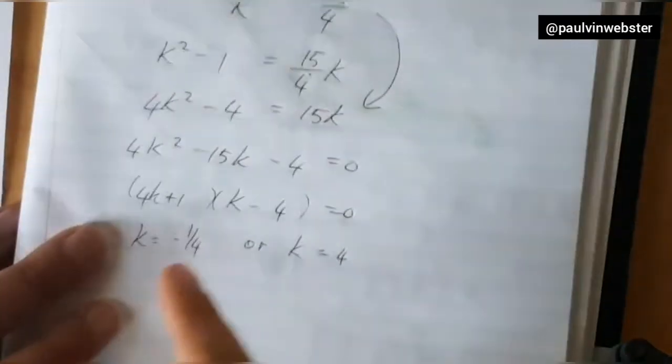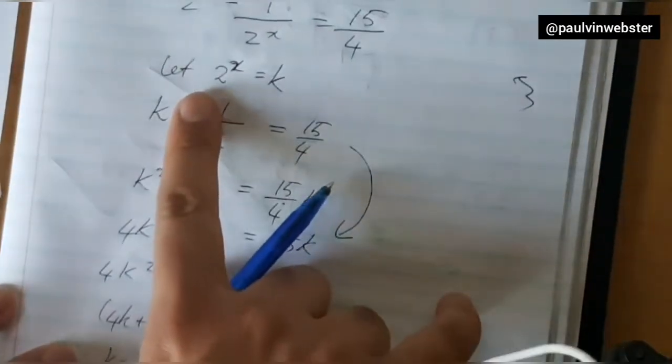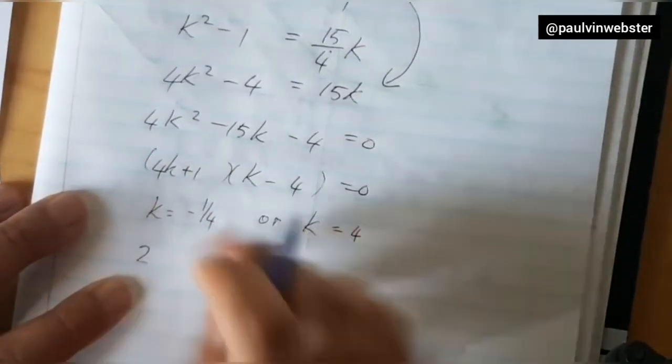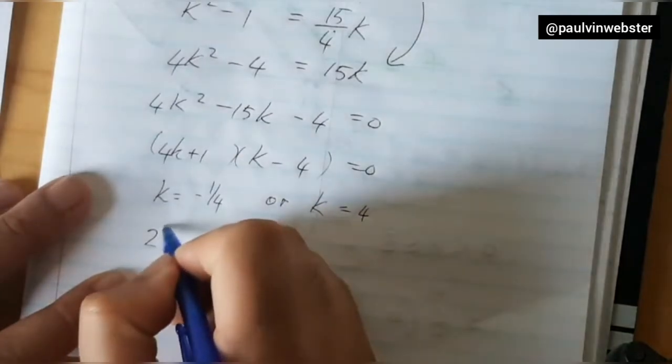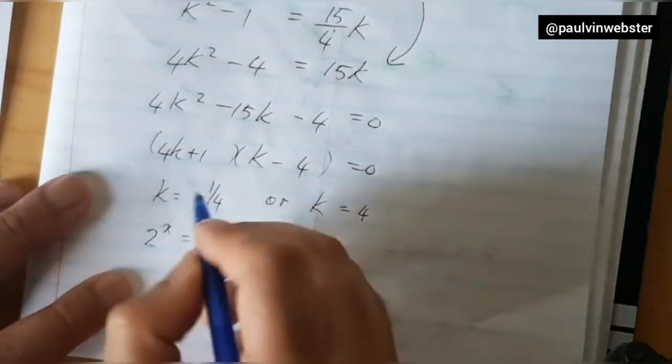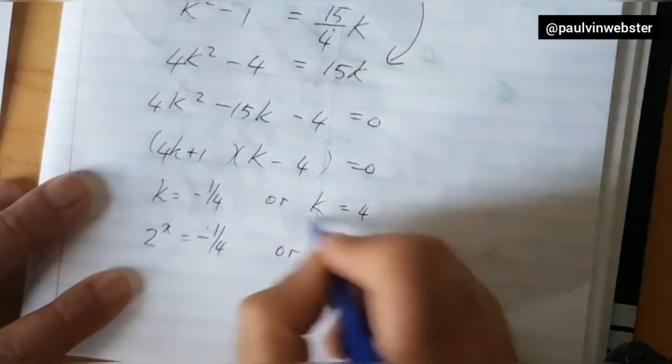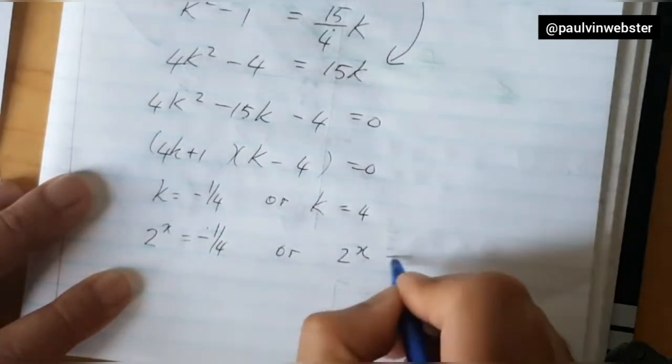Remember, in the beginning we said let 2 to the power of x equal to k. So instead of k, I'm going to have 2 to the power of x equal to negative 1 over 4, or 2 to the power of x equal to 4.